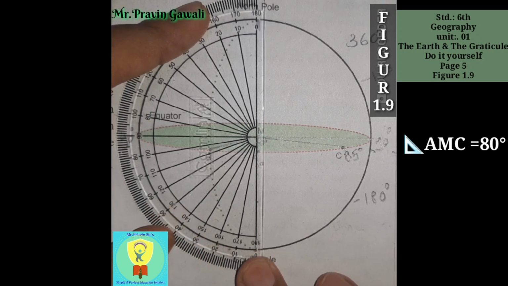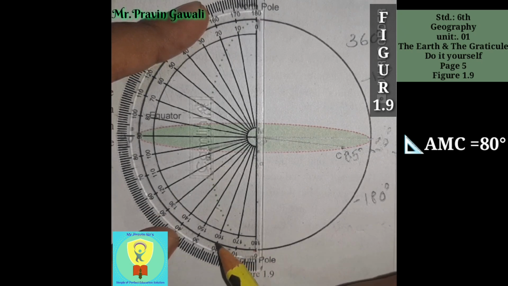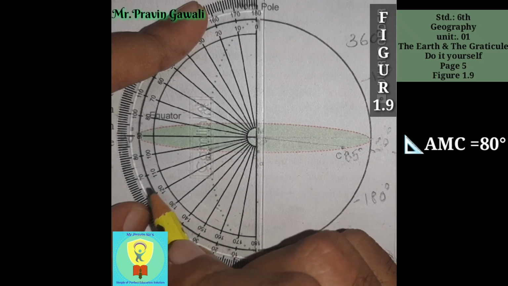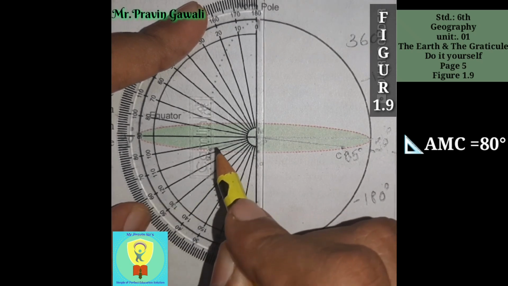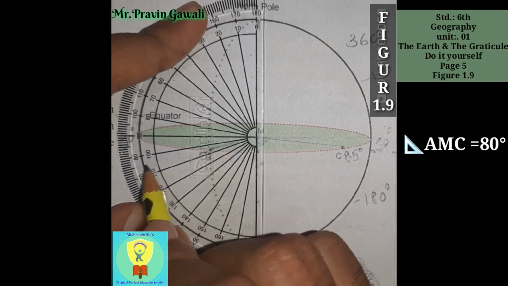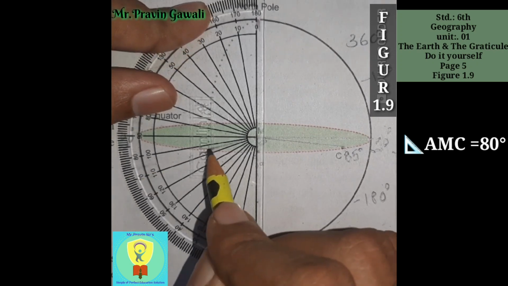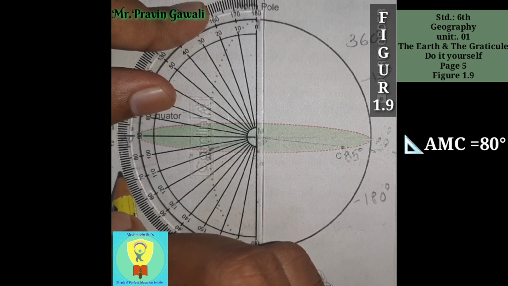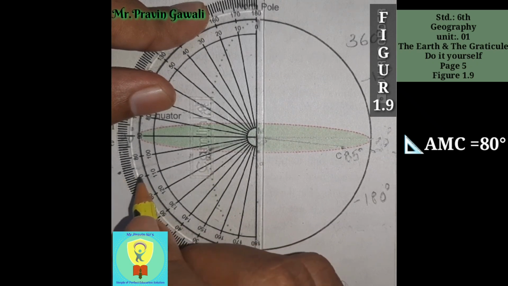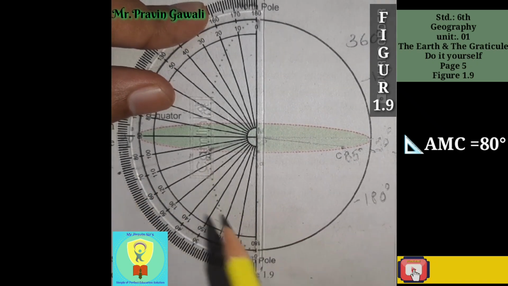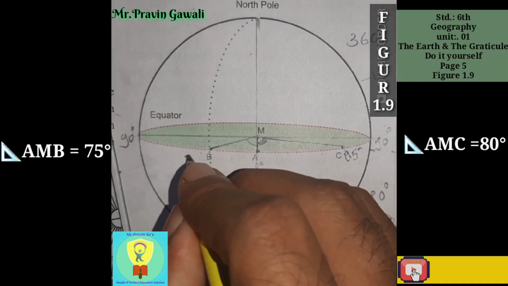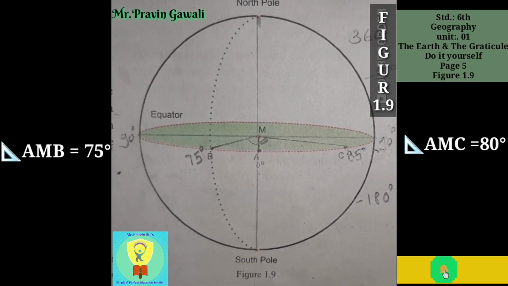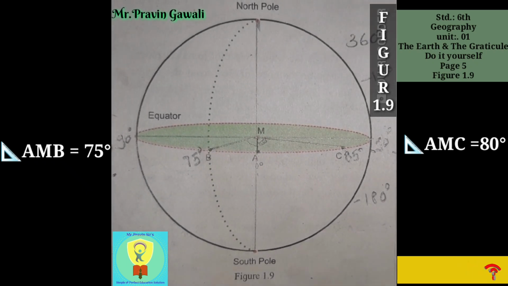See here again, 10 degree, 20, 30, 40, 50, 60, 70 degree. Point B is in between 70 and 80 degree, means 75 degree. So we have to write 75 degree here.